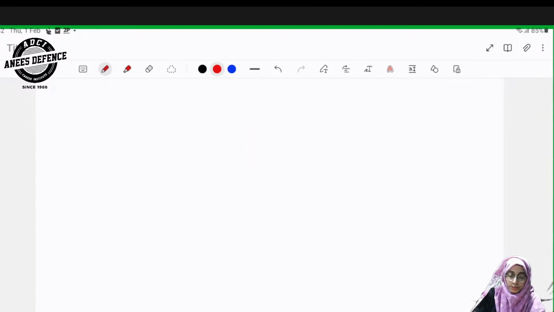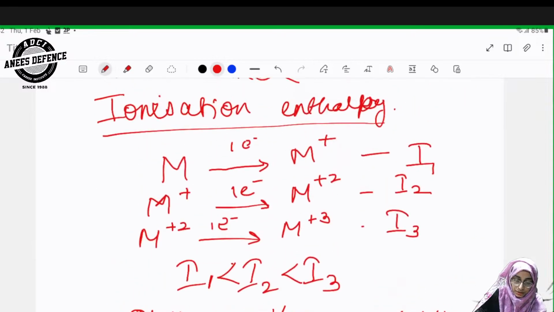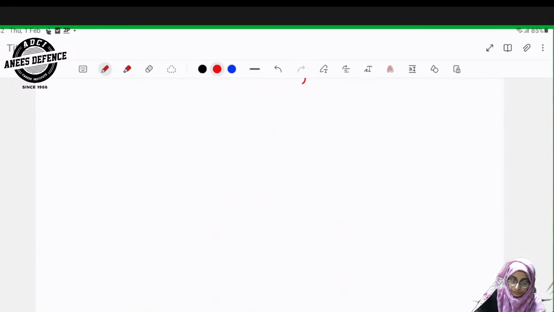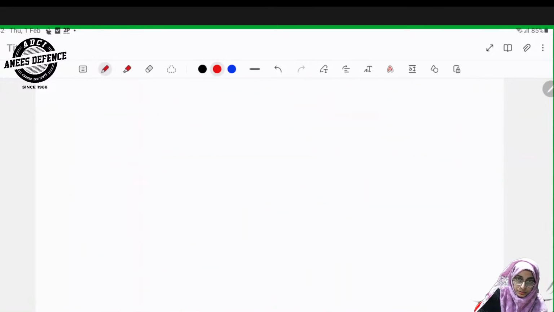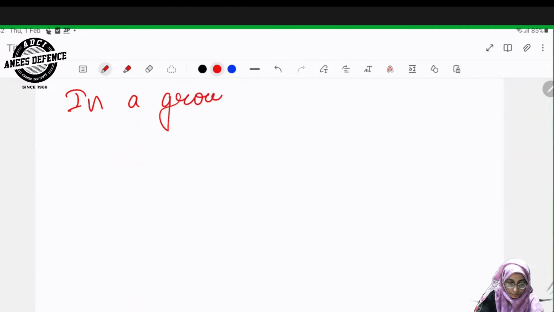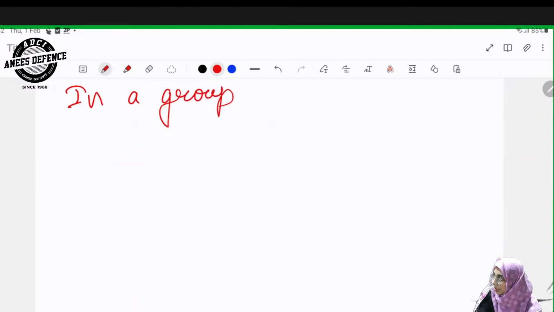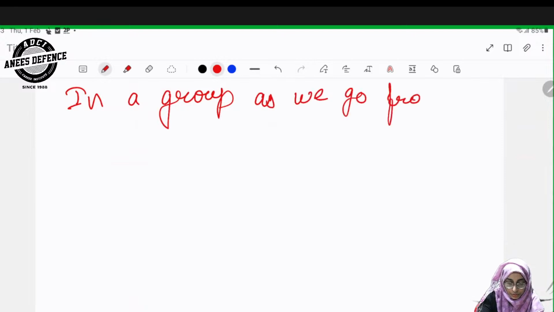Now, in a group, what happens with ionization energy as we go from top to bottom?